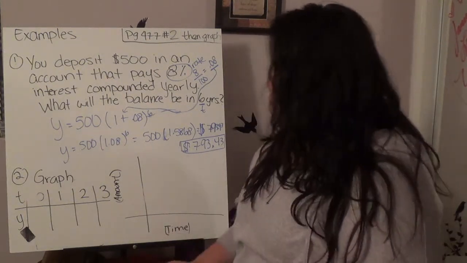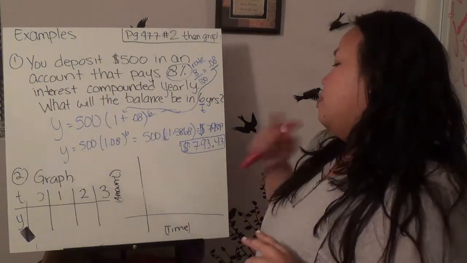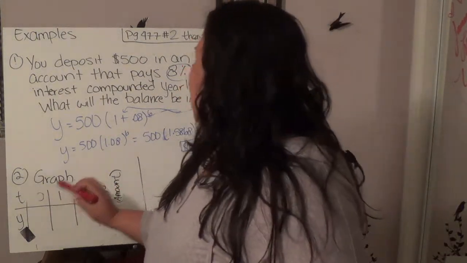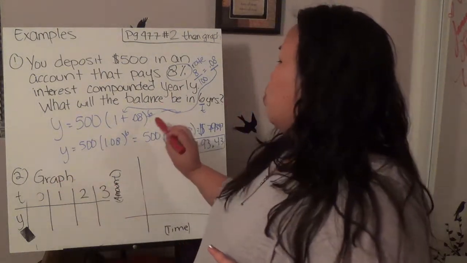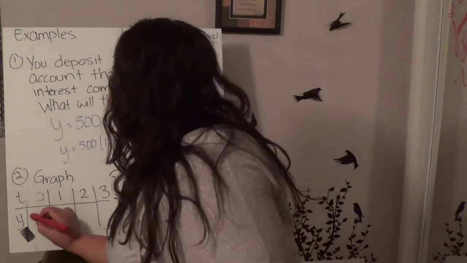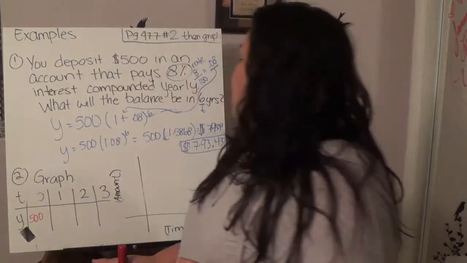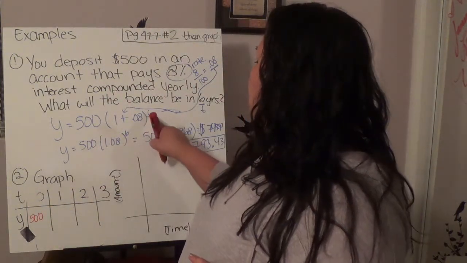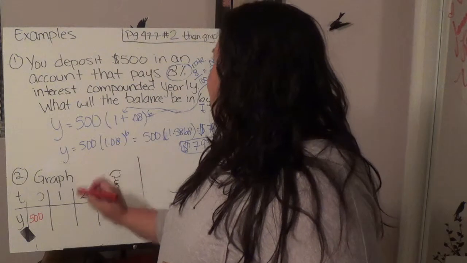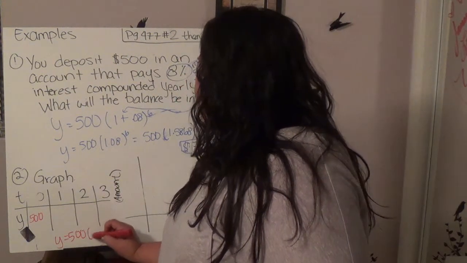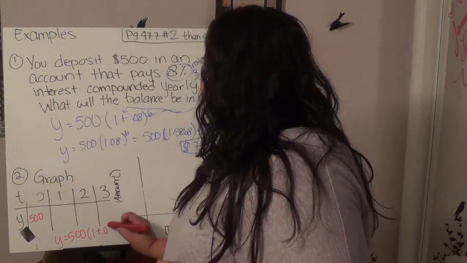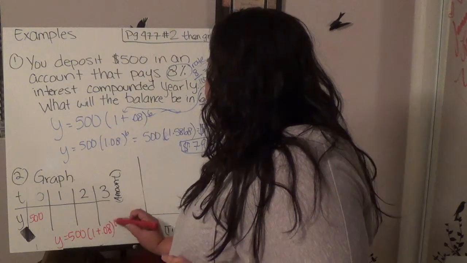Now they want us to graph it. So let's just look. I'm going to put this number in for all the time. Now, anything to the power of 0 is 1, and 500 times 1 is 500, so this is going to be 500. The only thing I'm changing is the t. I'm keeping everything the same. The equation is still y equals 500 times 1 plus 0.08, to the t.